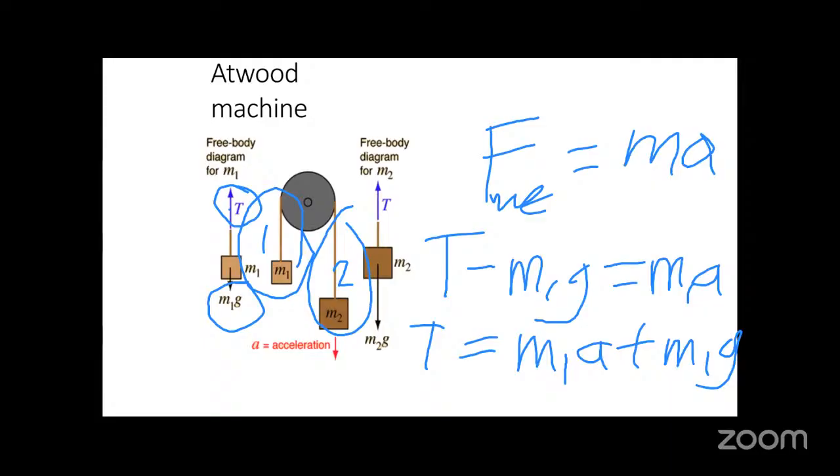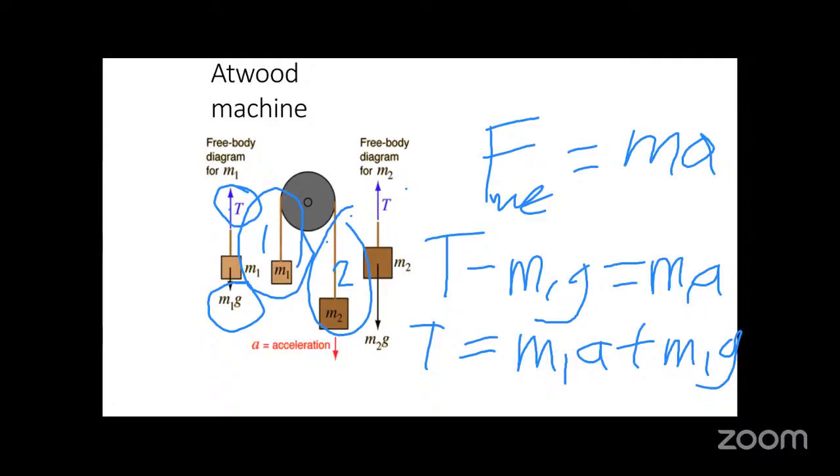Now, coming to the second part, here we have the mass 2. The mass 2 is moving down, which implies that M2G is a greater force than the tension. The same thing applies here. We have tension, that is the force on the rope, and we have the weight force.